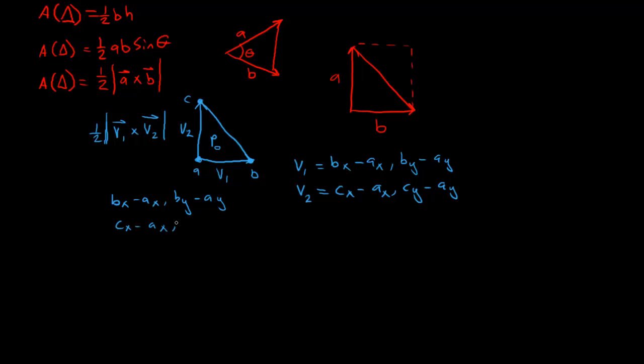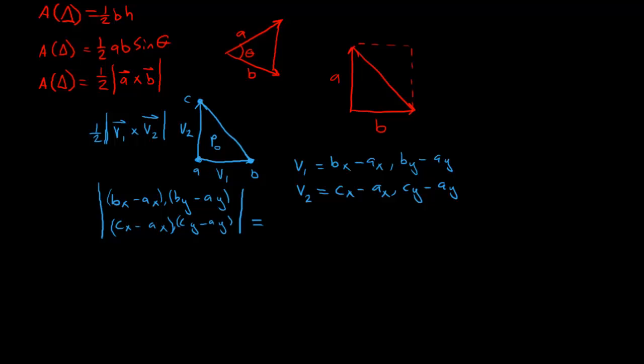Cx minus ax, cy minus ay, and basically we take the determinant of that. If you remember how determinants work, it's basically this times this minus this times this.